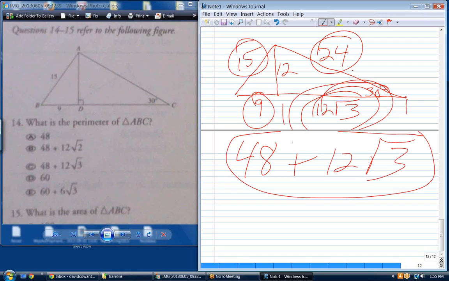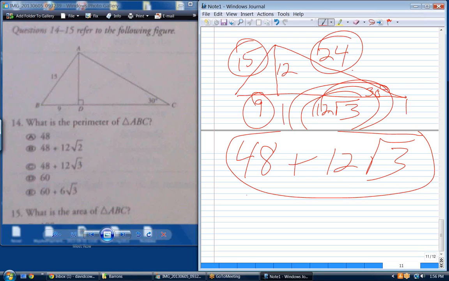I think it's just because I wanted to say that 12 plus 9 is 21. Well, you added the 12 to the 48 and came up with 60. Well, the 12 to the 9 and came up with 21, same thing. But you can't do that. In other words, you cannot add 12 root 3 to 9 and come up with 21 anything.